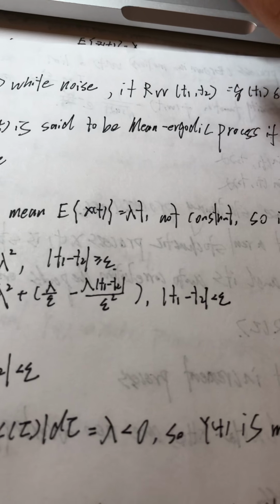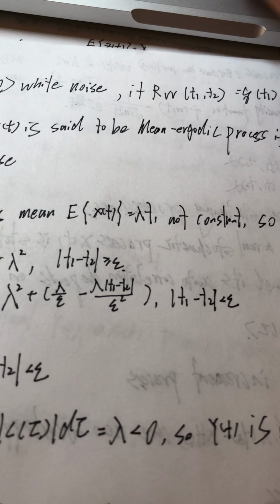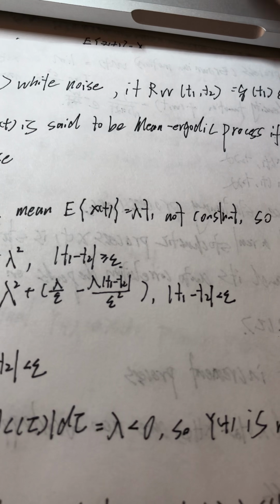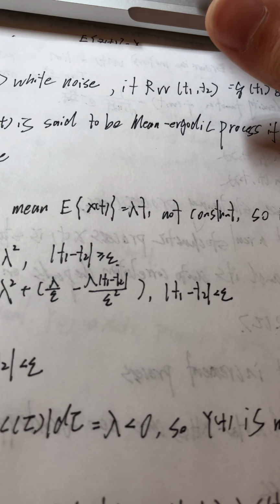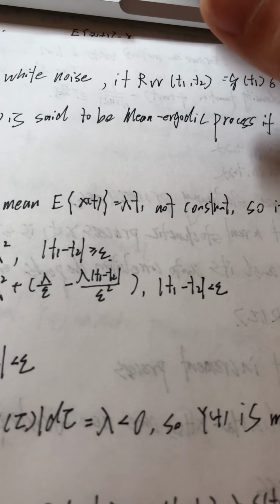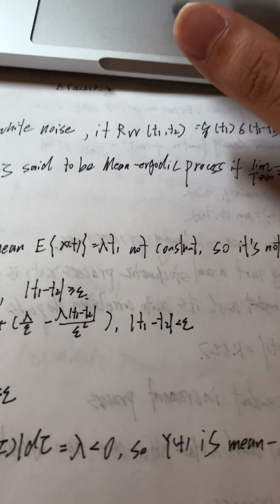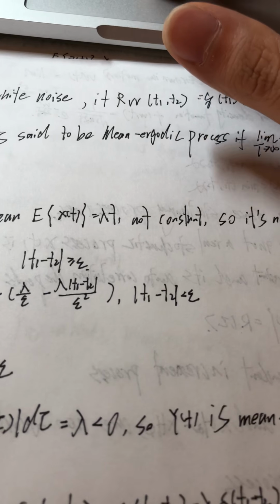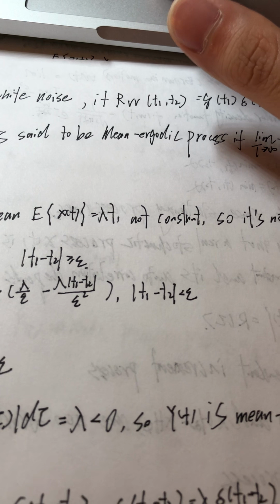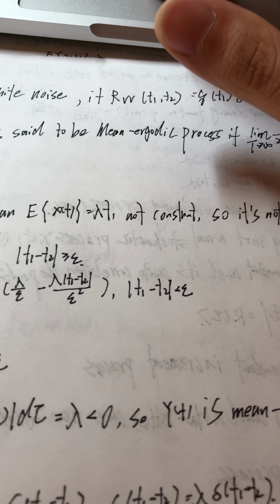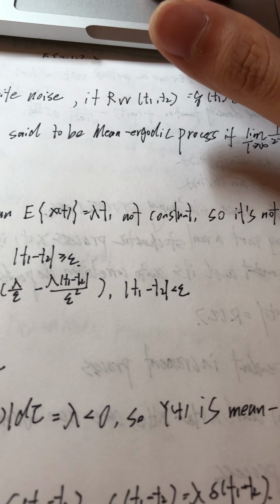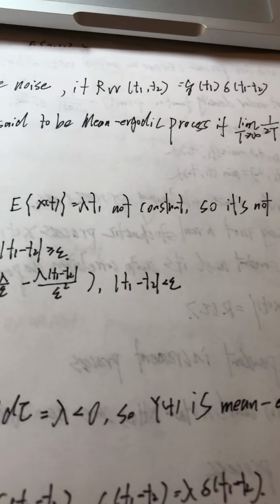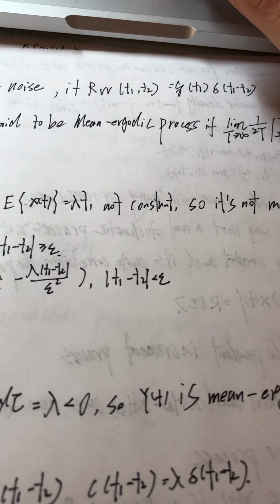Actually, we know that the expected value of x(t) must be a constant, and mean square sense means that the limit as T goes to infinity of the expected value of the square of 1 over 2T times the integral from minus T to T of x(t) dt minus eta equals 0.